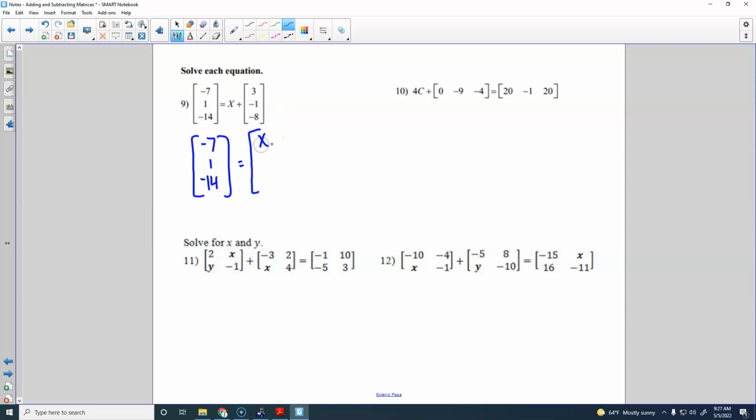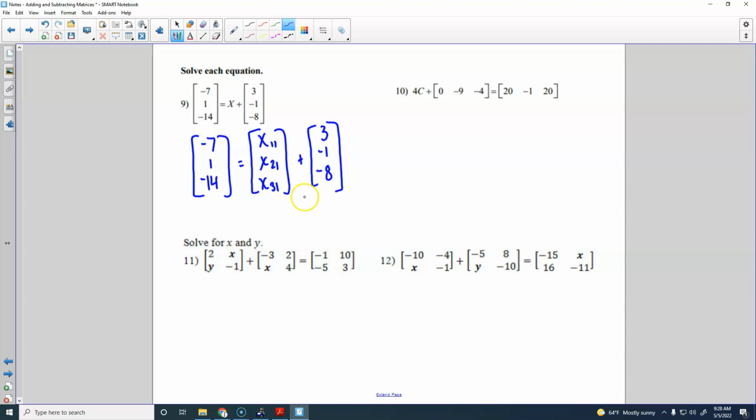I'm going to call this x 1, 1, x 2, 1, and x 3, 1 for those elements. And so we can, to get that matrix right there, that x, by itself, we can do operations just like we would with regular equations, except for we'll be moving entire matrices, right?